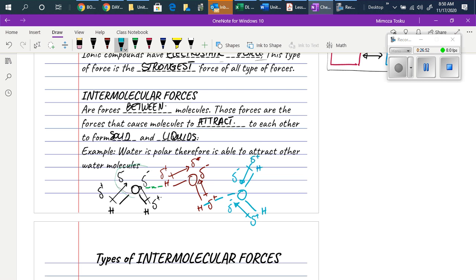So the partially negative pole of one of the molecules will attract the partially positive pole of the other water molecule, creating the structure of everything, creating the liquid state of water.